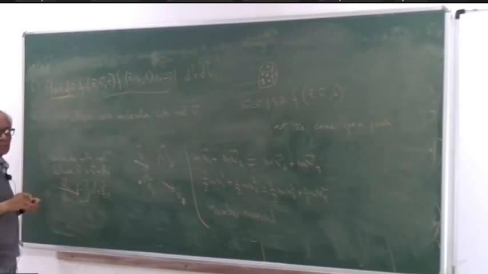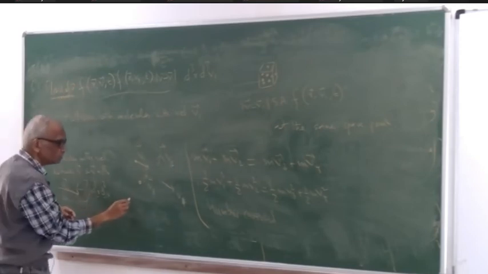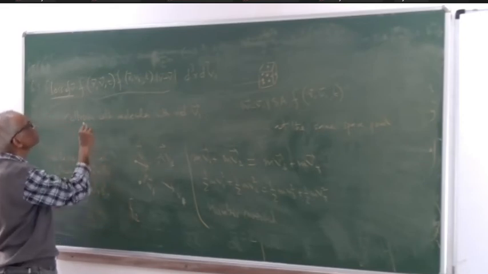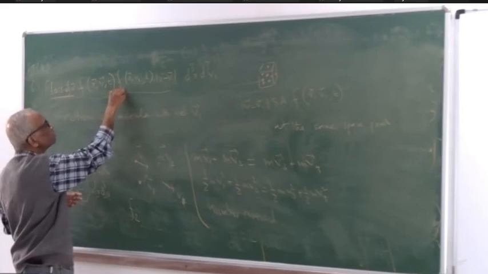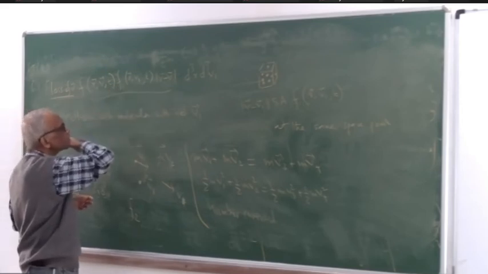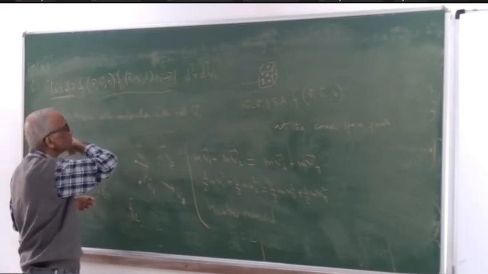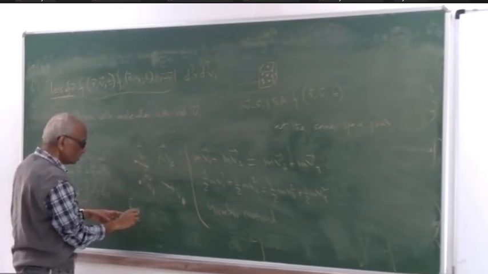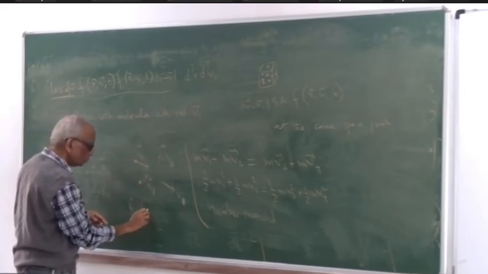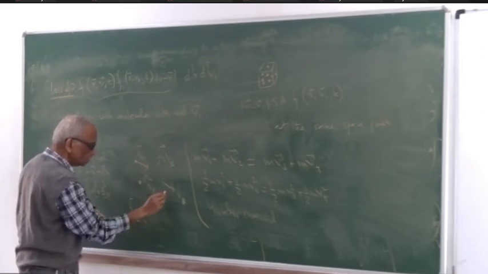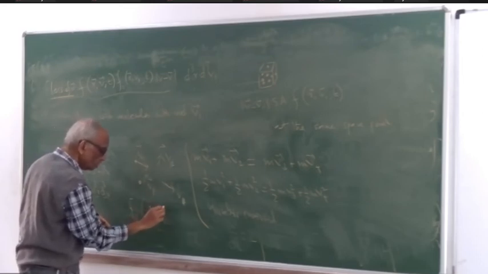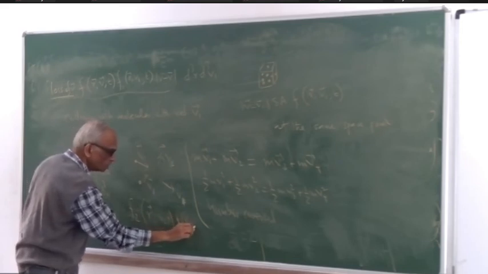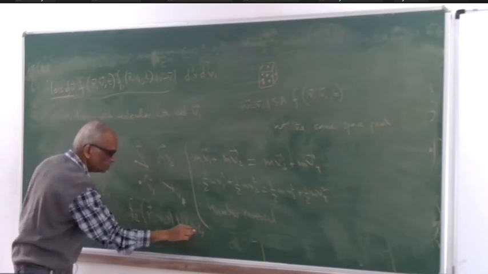And a similar factor, which is f1 over here, and then there is a factor f2, with v2 going to collide with v3 at r and t.